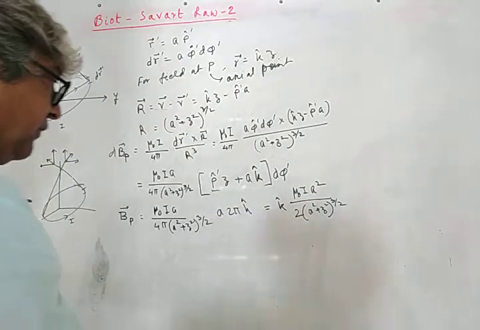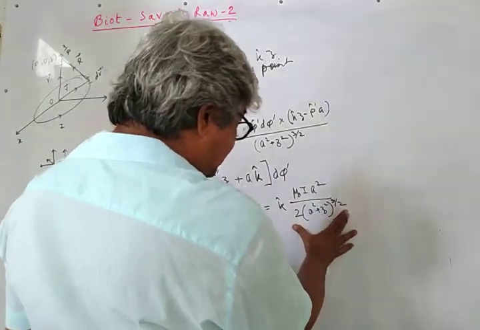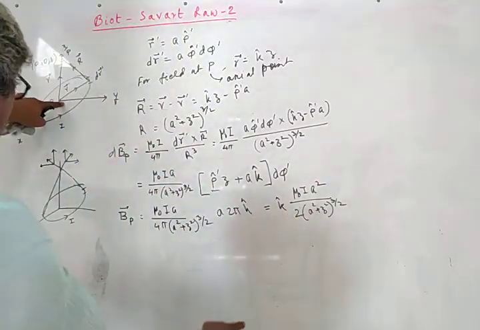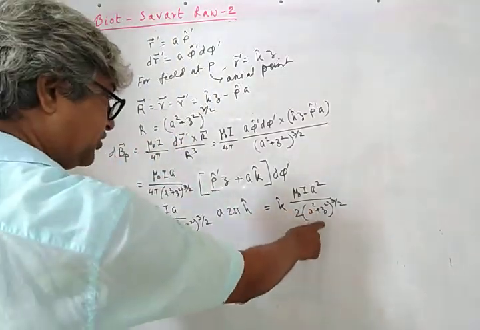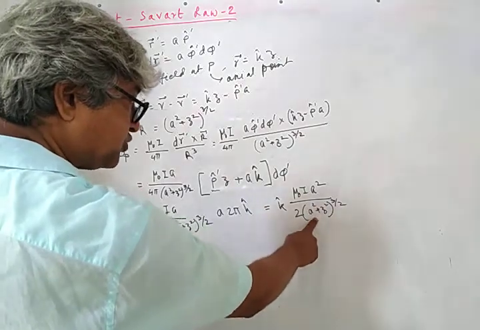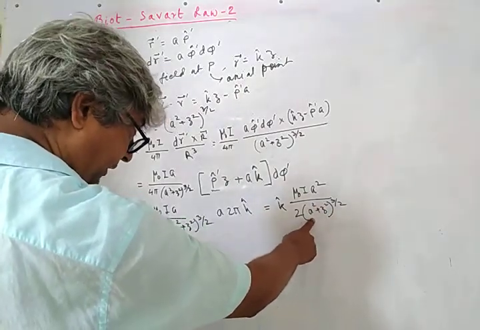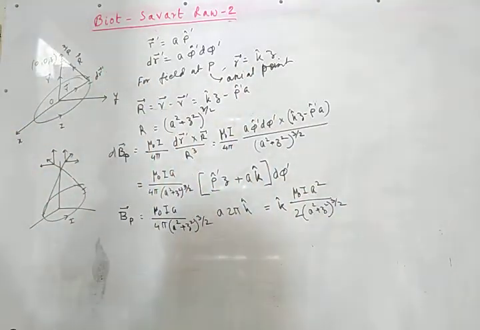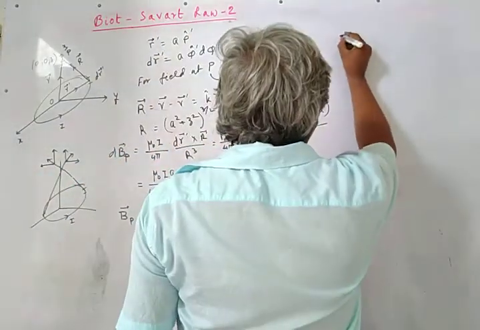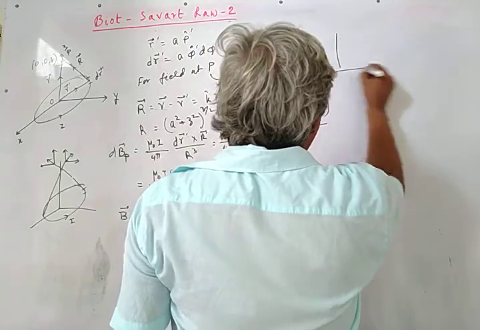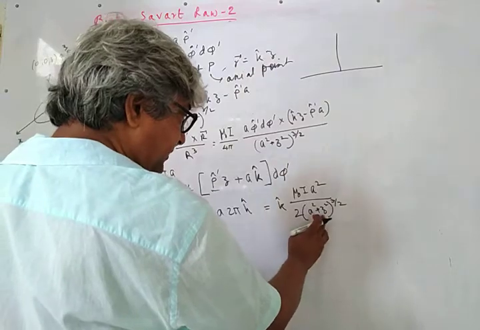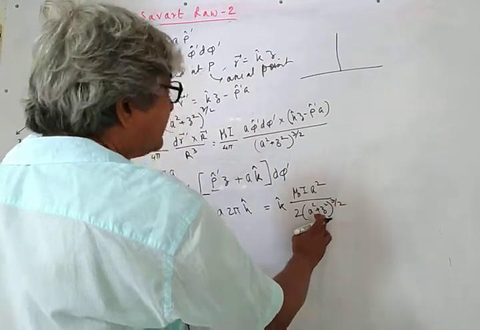Now come to the variation of the field. The field is a maximum at z equal to 0, at the center, and the magnitude is simply, for z equal to 0, proportional to 1 by a cube. So this is what we obtained for the field at O, and for other points the field is symmetric about the z-axis. That is, if we replace z by minus z, since z appears as z square, the field is symmetric.